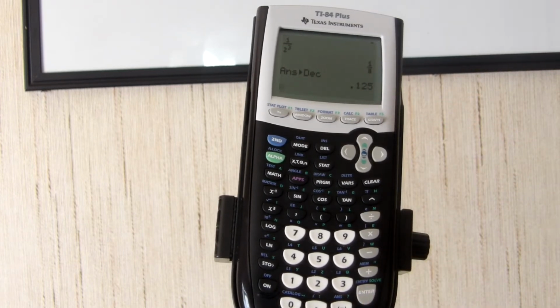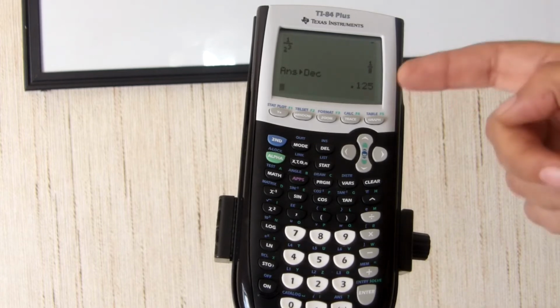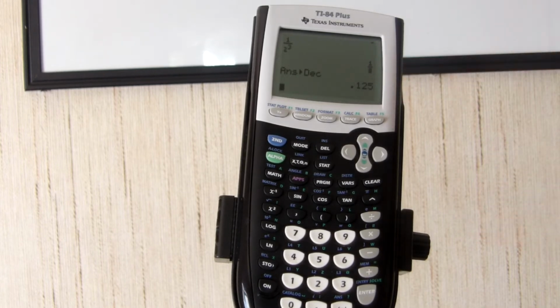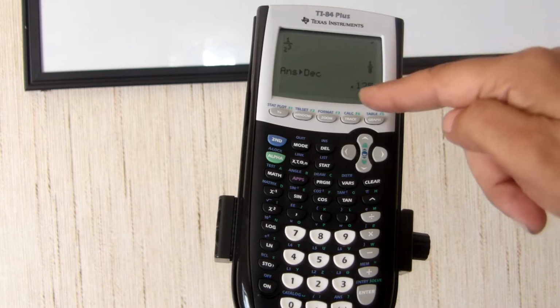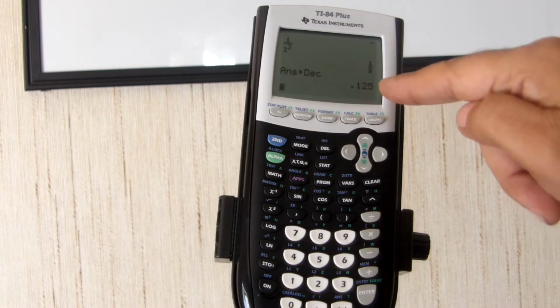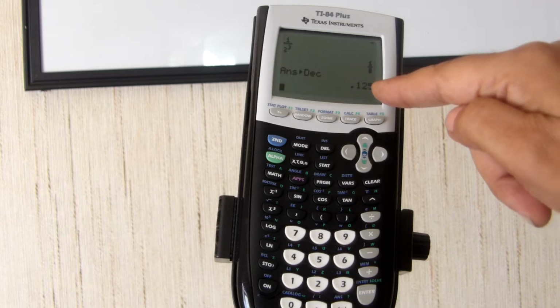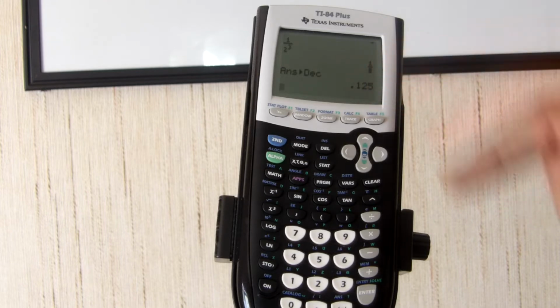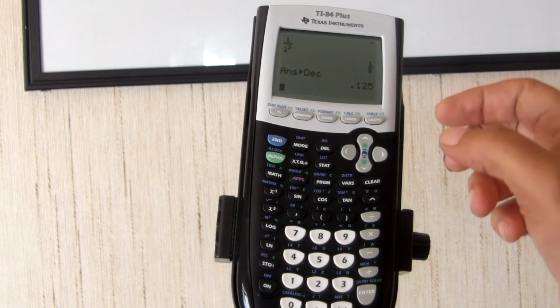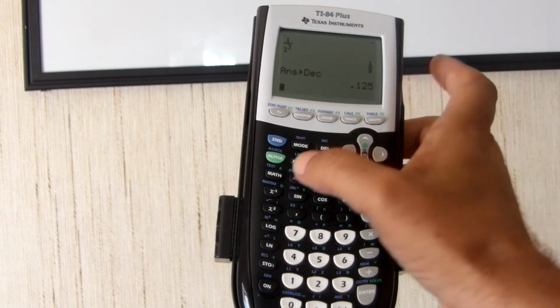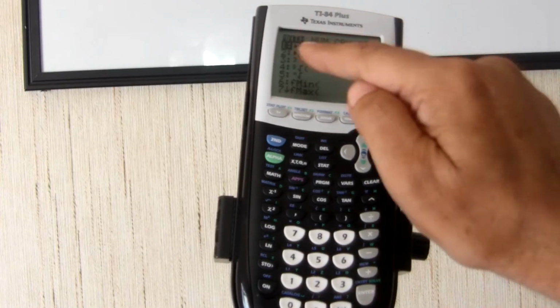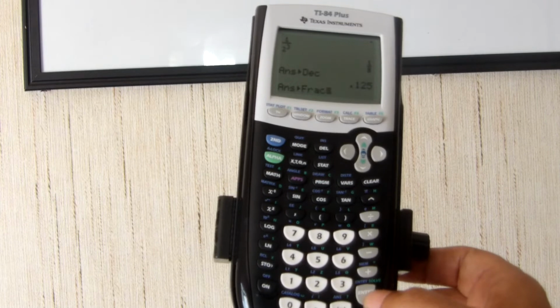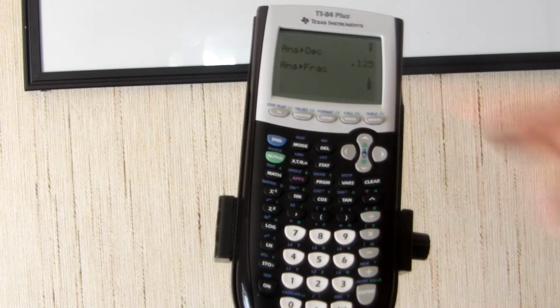We change this fraction to a decimal, and if you want to write it again as a fraction, you use math, the first one highlighted, fraction, and then it is 1 over 8.